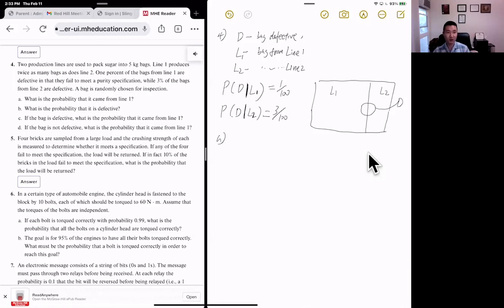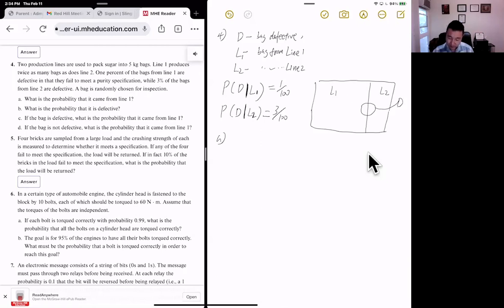A is not asking for defective. It's just asking for a randomly chosen bag, is it coming from line 1? Okay. Somebody answered that question from the chat.